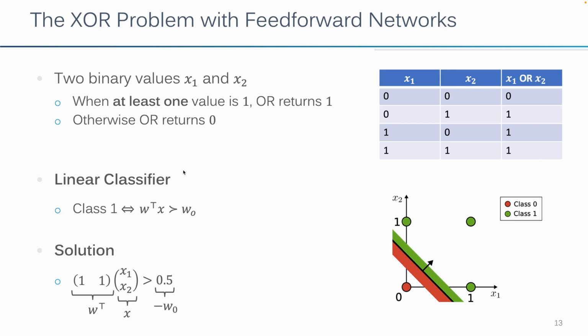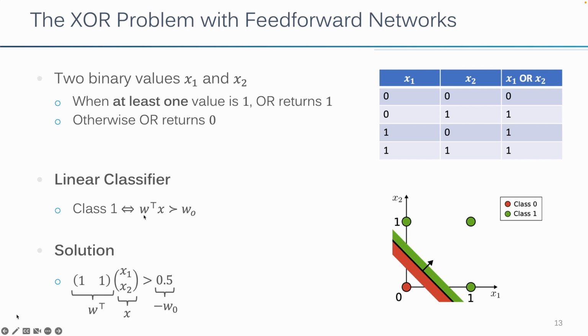The OR operation says that if there's one value that is 1, then the OR operation returns 1. You can read it like this: if the first one is true or the other one is true, it is true. If the first one is false, we look into the other one, and if that is true, it is true. So this can actually be learned with a linear classifier from the last lecture.